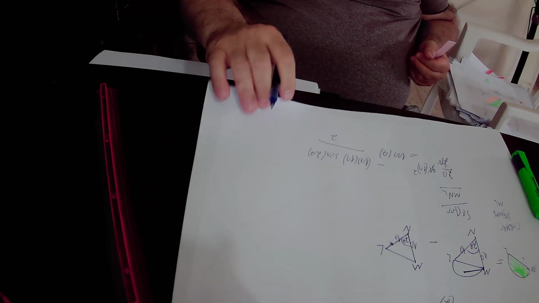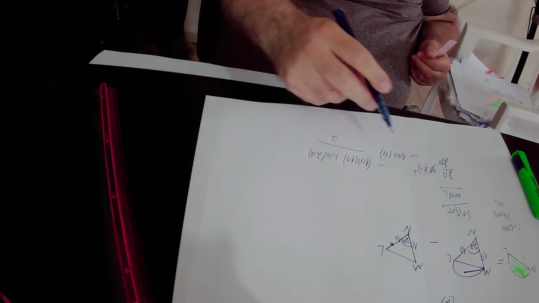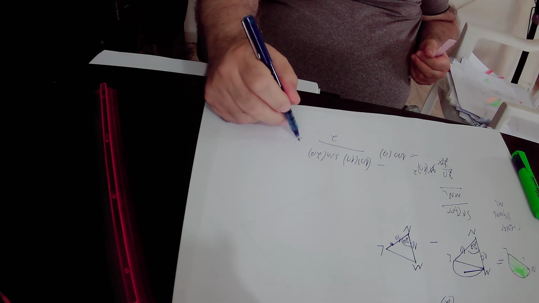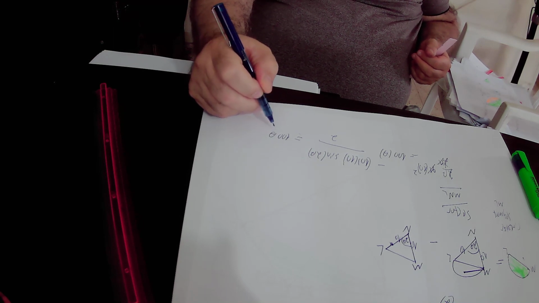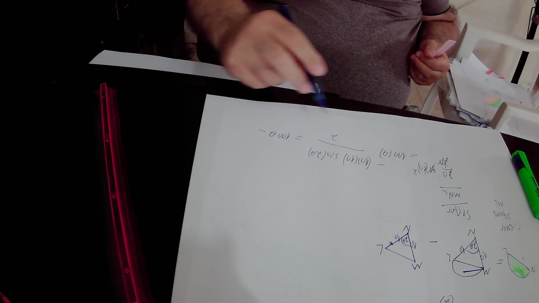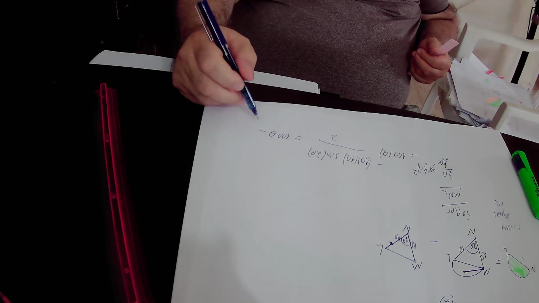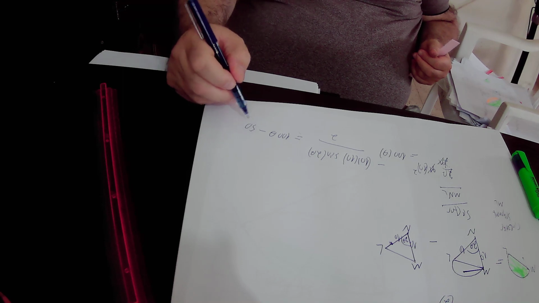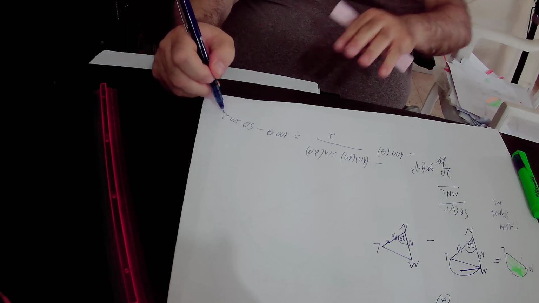So the area of the upper circular segment ML equals 100 times theta minus 10 times 10 is 100, and 100 over 2 is 50, times sine 2 theta.